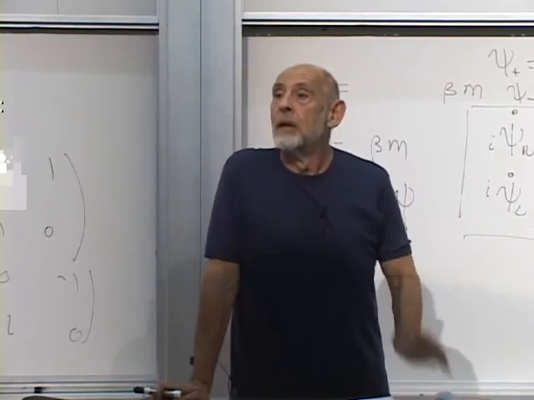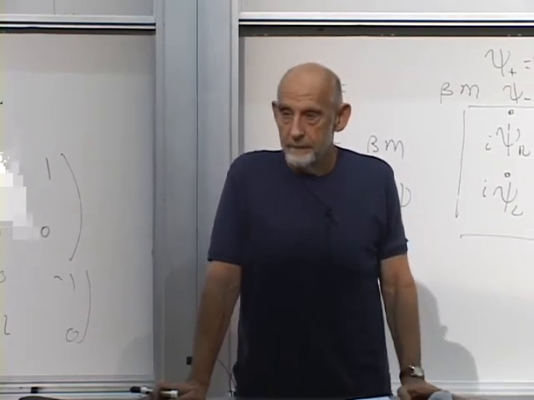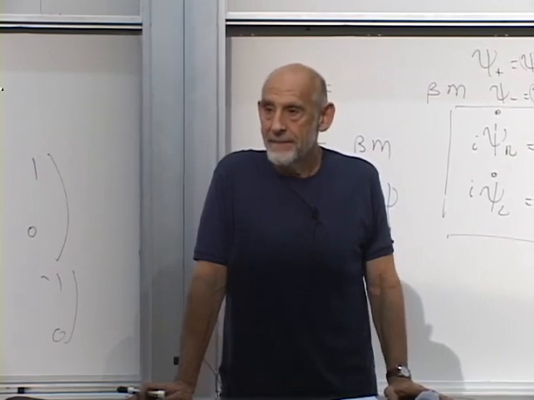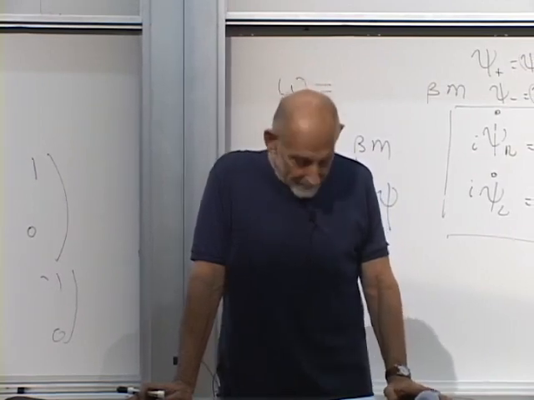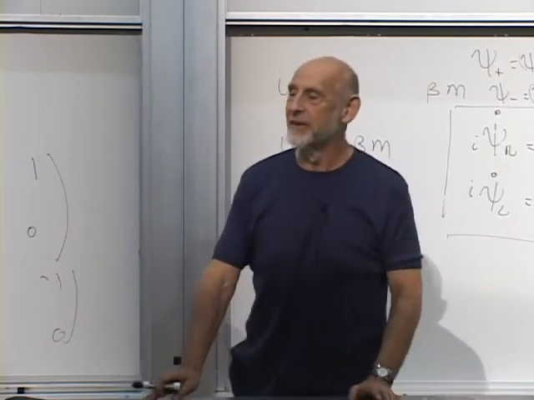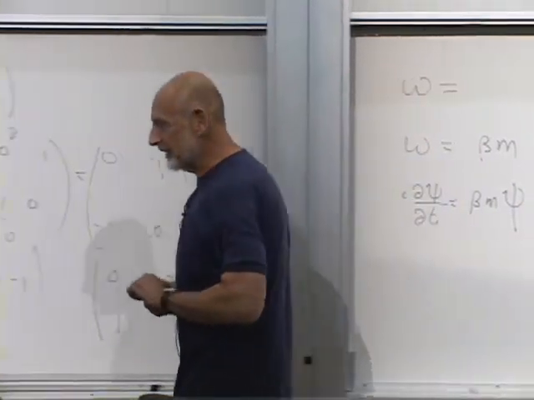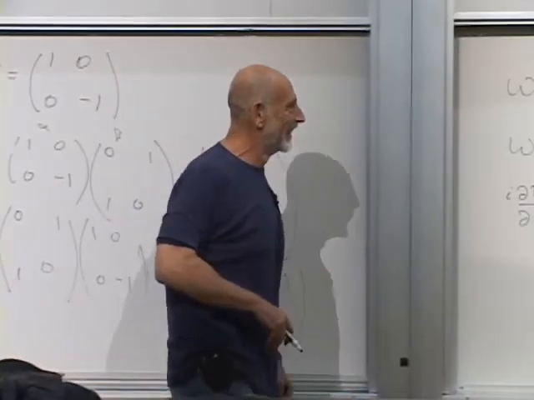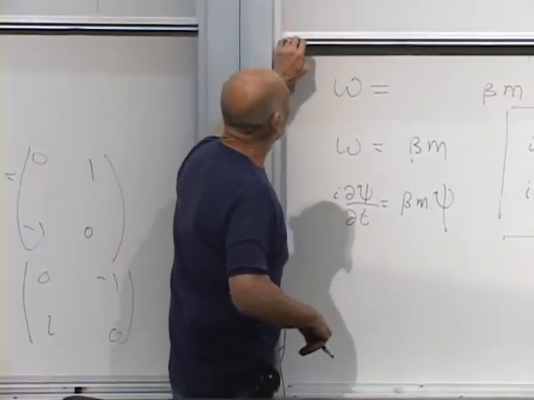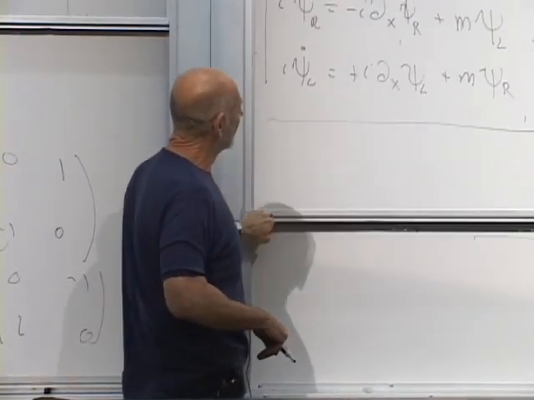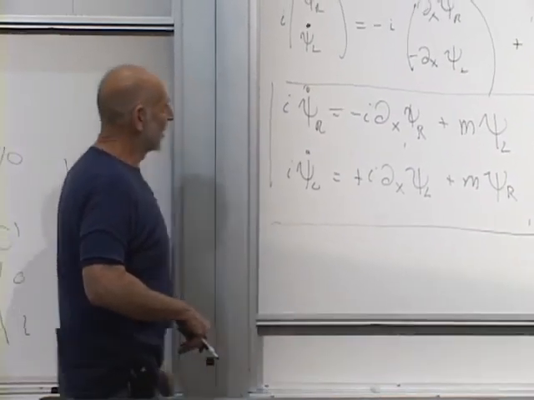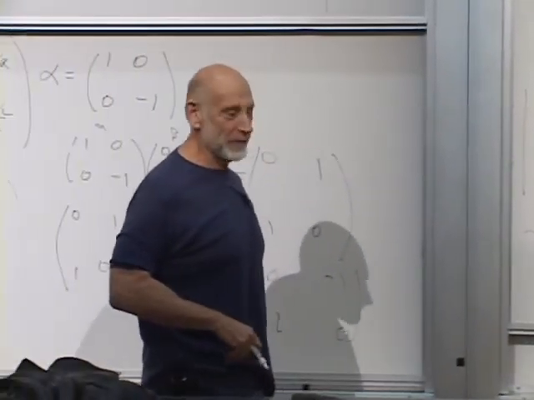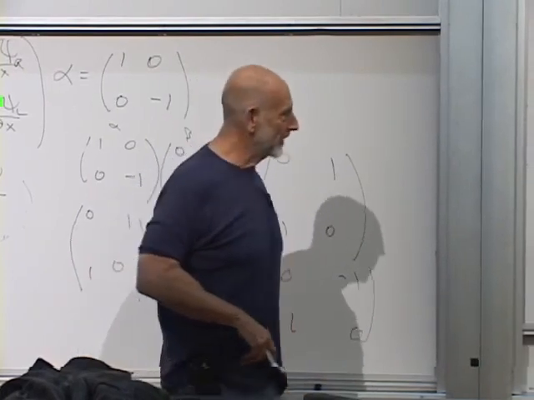Another interpretation of mass is that it comes from the interaction with the Higgs boson. How does it relate to these equations? Okay, I will tell you. Let me be very brief about it at this point.